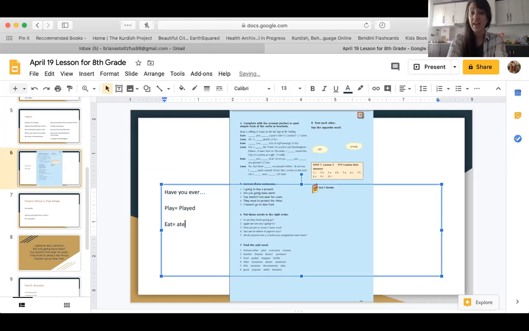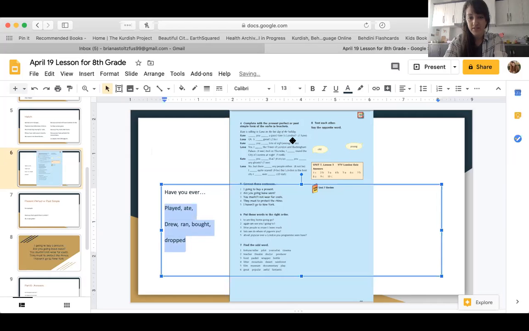Eat, ate in the past. So these: played, ate, drew, ran, bought, dropped. All of these words are actions in the past. They are past simple.